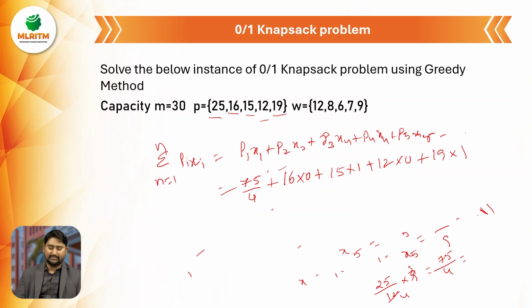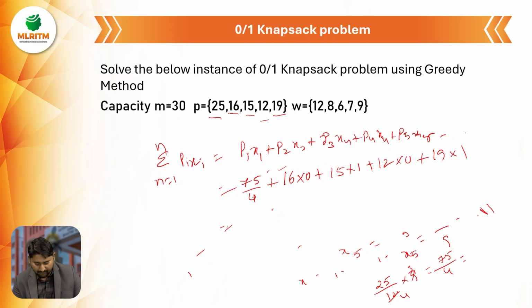Why? Because that item will be totally placed in the knapsack, the corresponding item value equals 1. Otherwise, that item value equals 0. If partially filled, then calculate partial values.